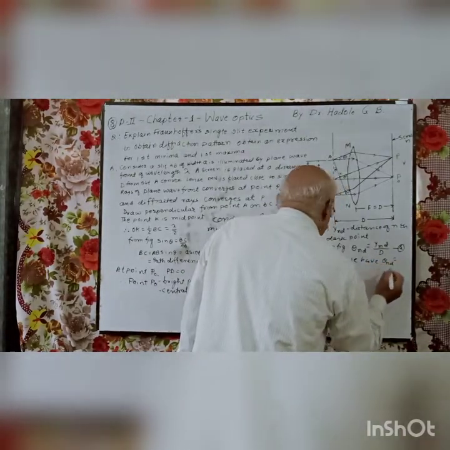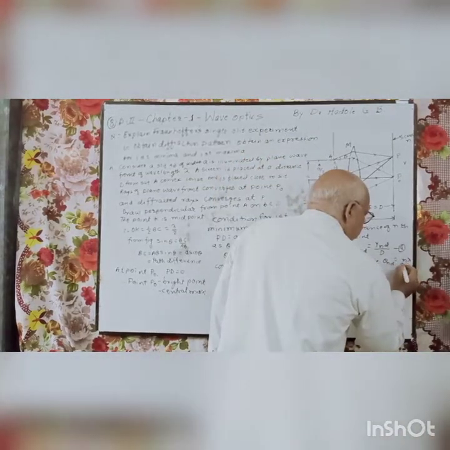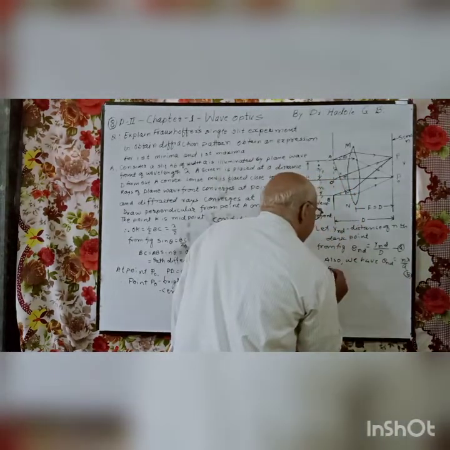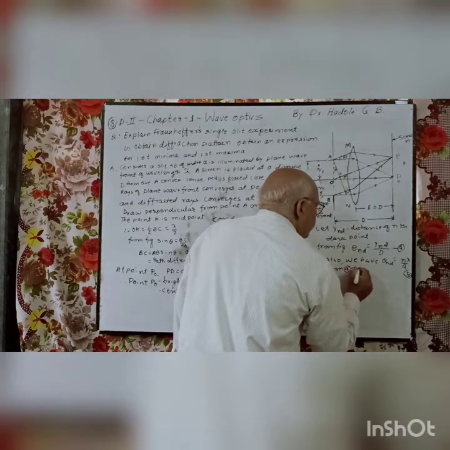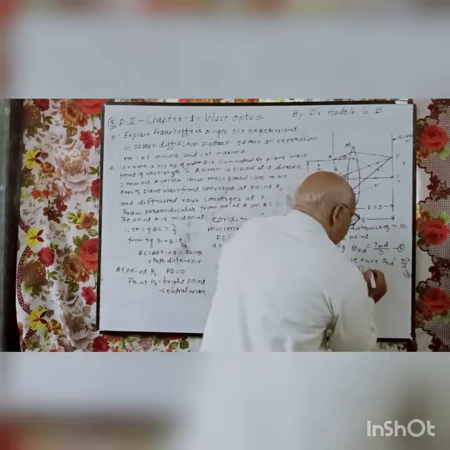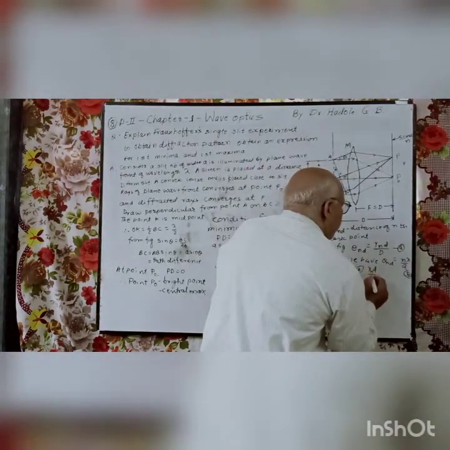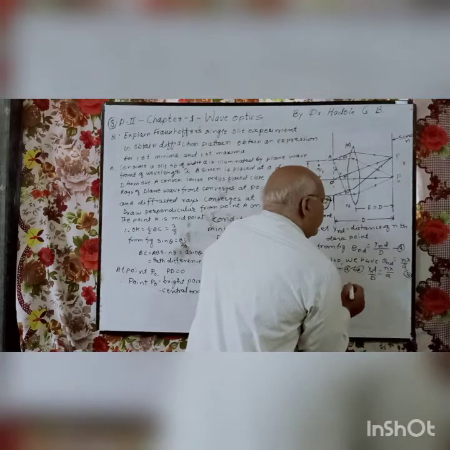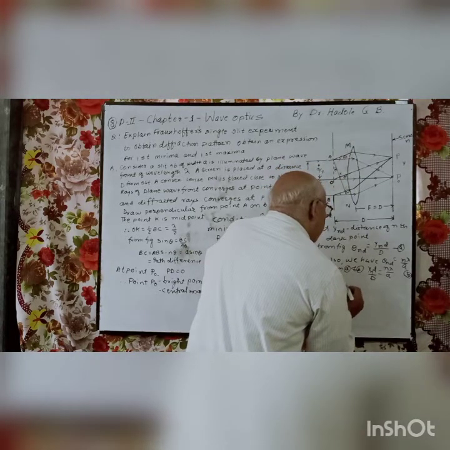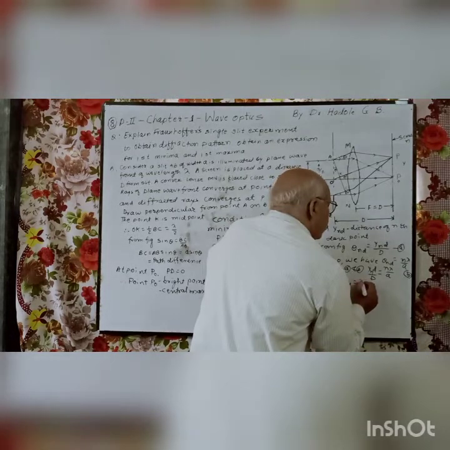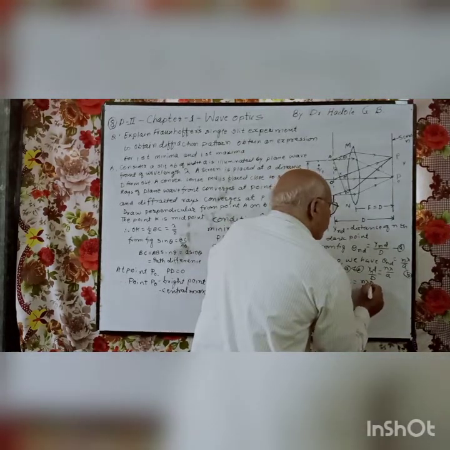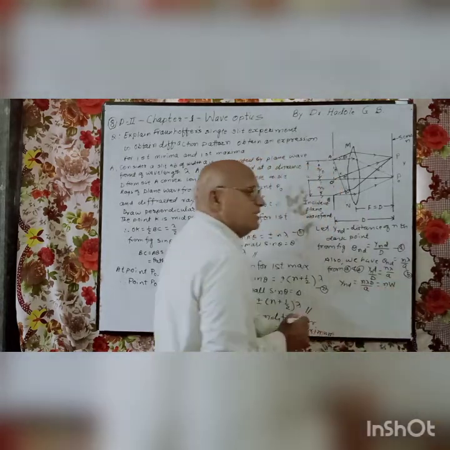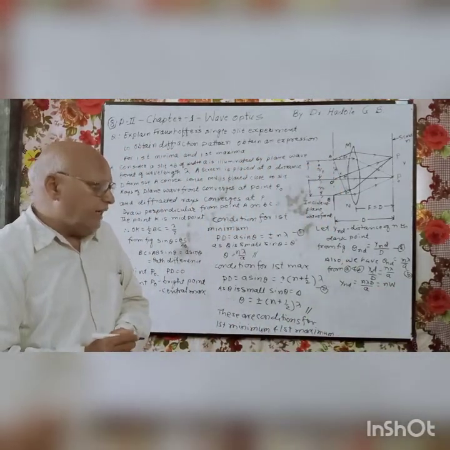This is equation B. From A and B, we write y_nd upon capital D equals n lambda upon a, and therefore y_nd equals n lambda D upon a, which is equal to n into W. W is the width.